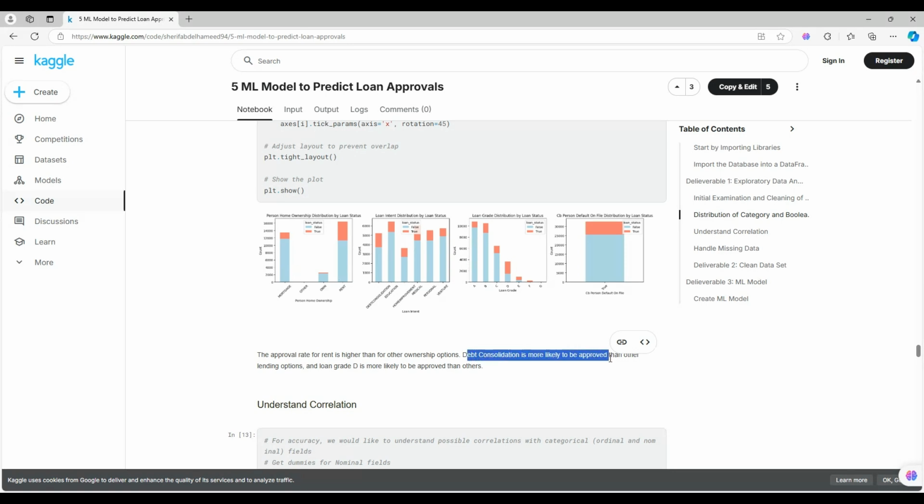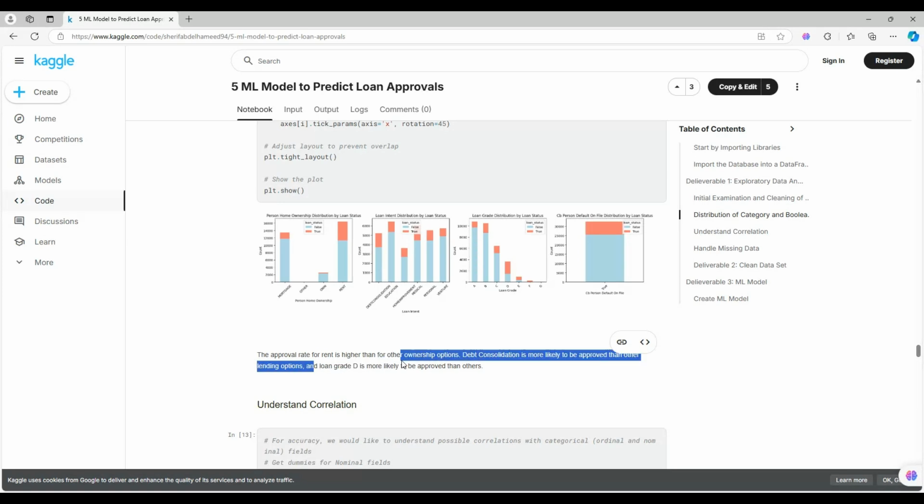Consolidation is more likely to be approved than other loan intents. We can see here that consolidation tends to be agreed upon. We can also say medical is an option that tends to be agreed upon.